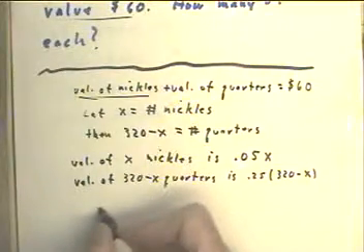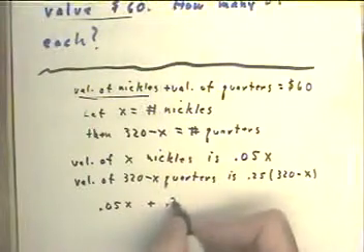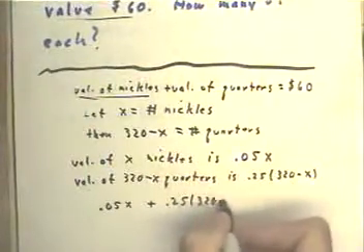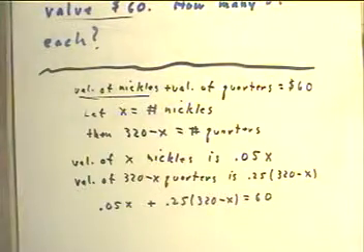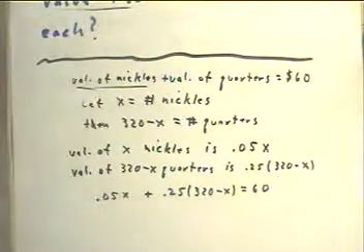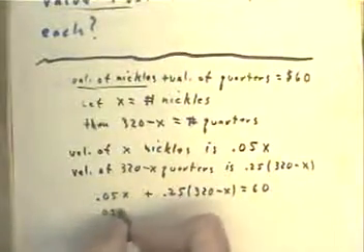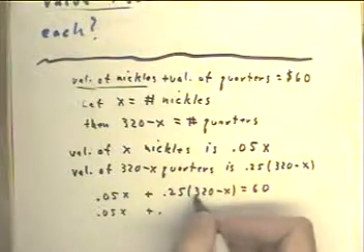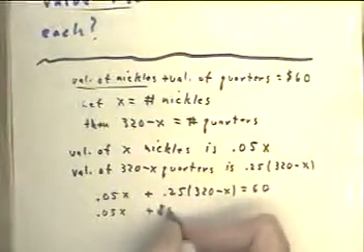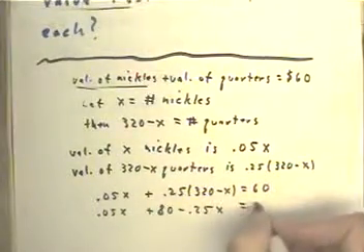So we say that the value of the nickels is 0.05x. The value of the quarters is 0.25 times 320 minus X. And that's going to equal 60. Now if we distribute through here, we have 0.05x plus 0.25 times 320, which is actually 80, and you can do that multiplication to check me.